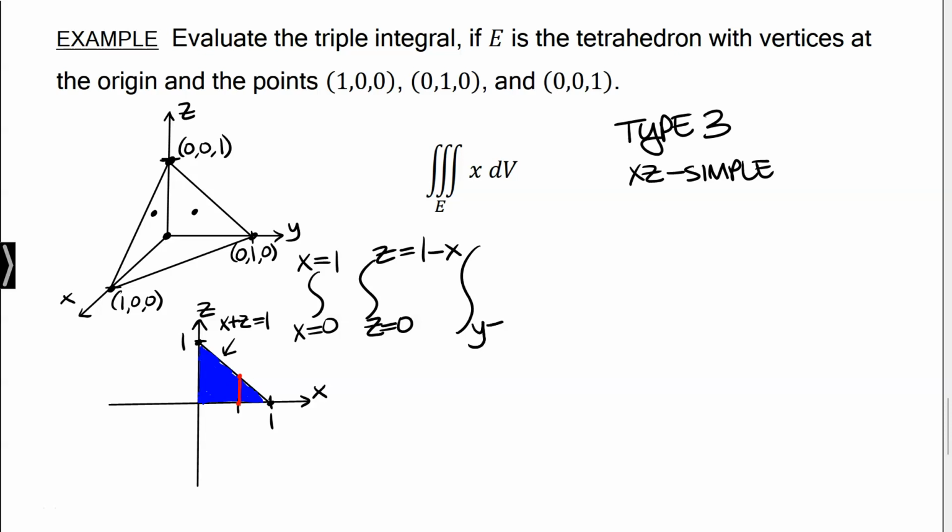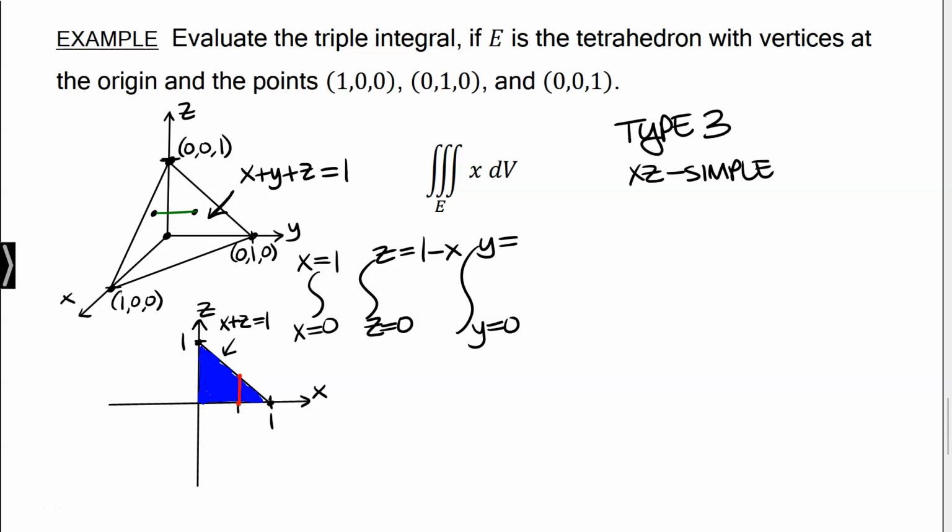So y is going to start at 0 and shoot out all the way to a point on that opposite face. And since this tetrahedron has equation x plus y plus z equals 1, you can plug in all 3 points and see that that's the case. If you didn't know that, you could just find the plane that goes through 3 points.